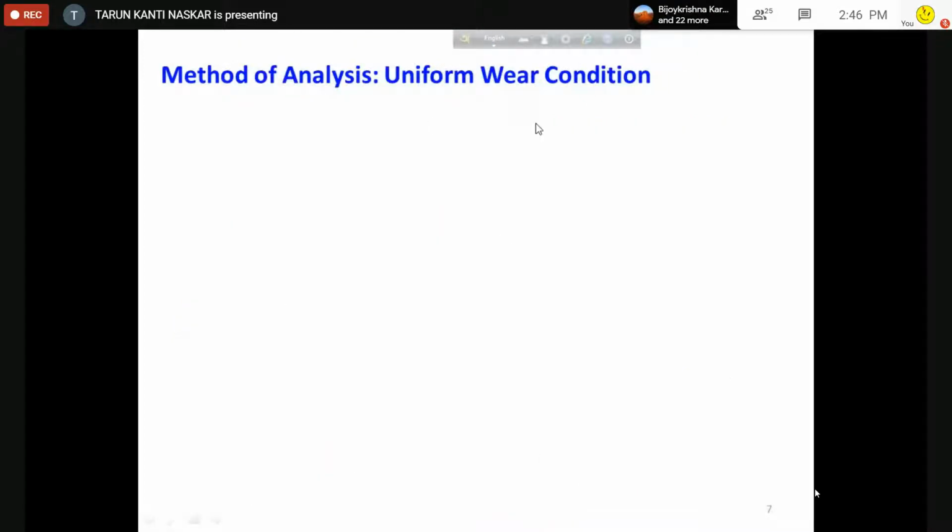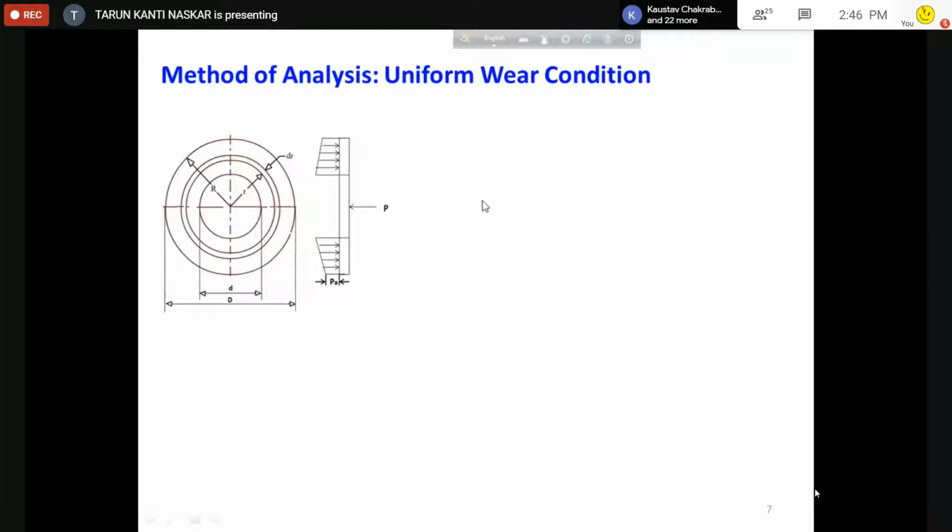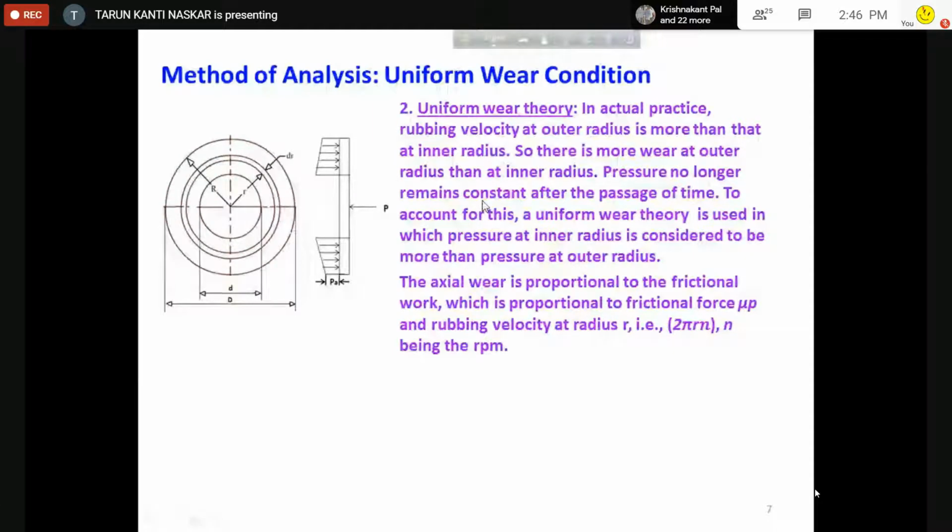Now, what is uniform wear condition? Now, for uniform pressure condition, at the beginning, we can consider it as uniform pressure condition because it is flat, completely flat.